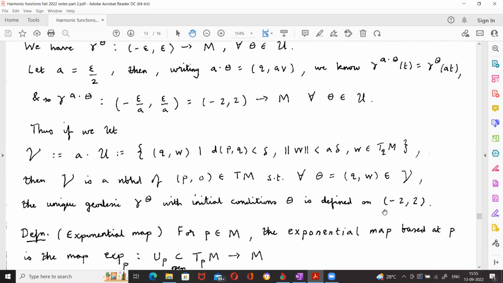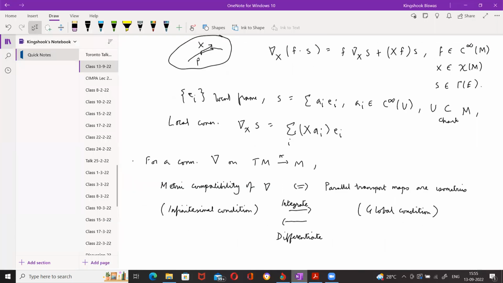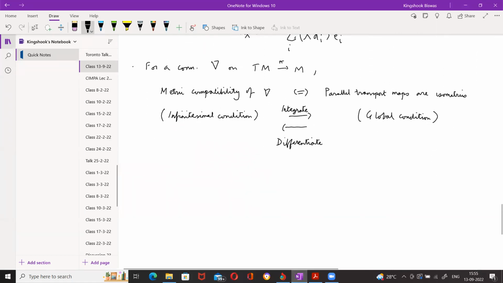Okay, so basically by the rescaling, the picture is: this is P, and we're taking the 0 vector at P, and what we're finding is that for vectors small enough, and for points q close enough to P. So, okay, maybe let me draw this picture better.